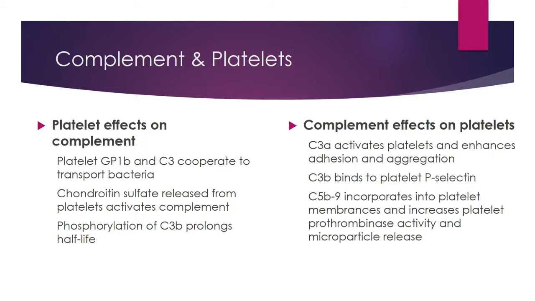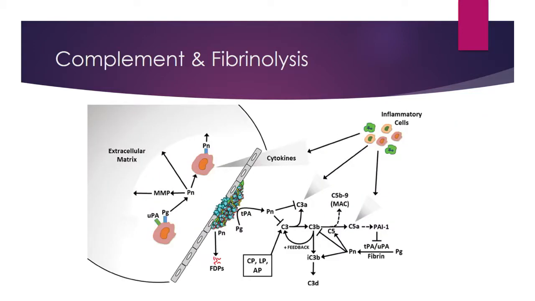And then the terminal membrane attack complex consisting of C5b-9 gets incorporated into platelet membranes and then induces platelet prothrombinase activity and microparticle release. And that is actually a very potent mechanism which is thought to really contribute to mechanisms of how complement promotes thrombosis in both arterial and venous thrombosis.